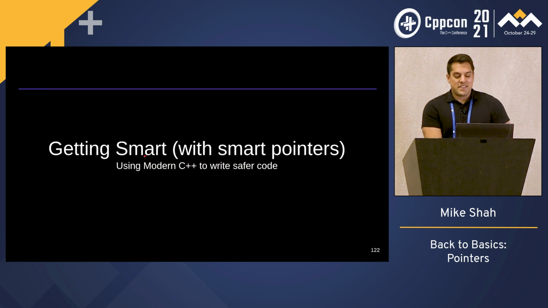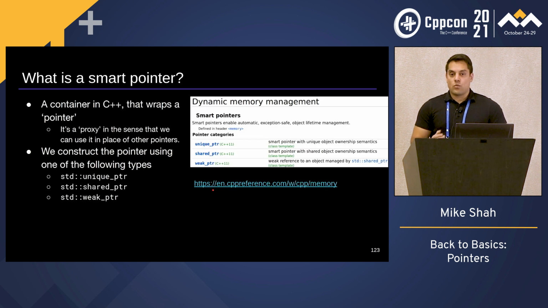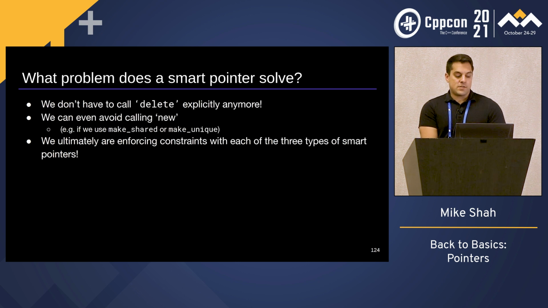Okay, so getting smart with our smart pointers here. And again, what is a smart pointer? Well, there's 3 types that are given to us: unique pointer, shared pointer, and weak pointer here. And basically, they're a way to, again, wrap raw or naked pointers and control how they're used here.